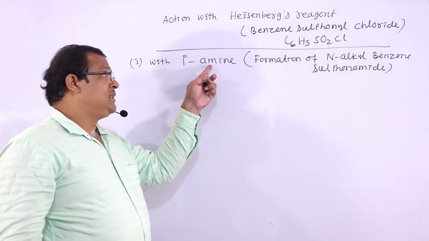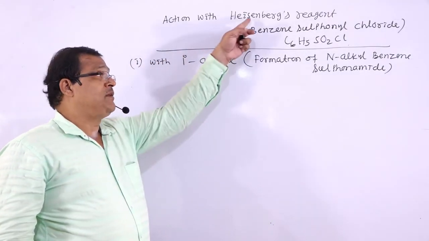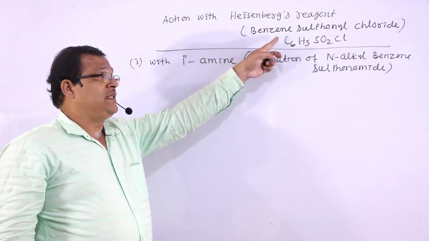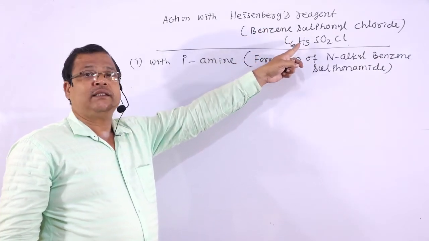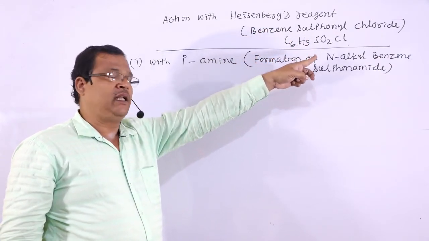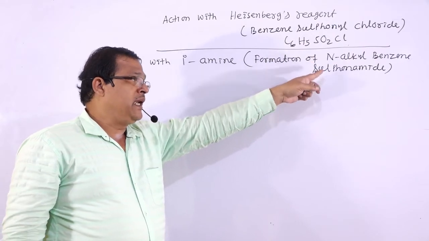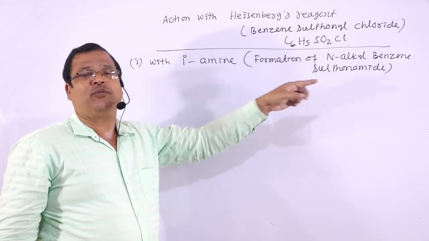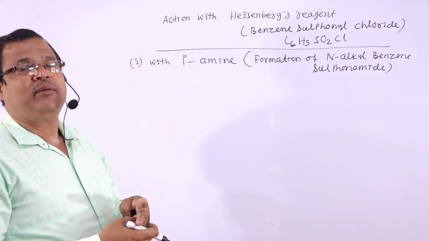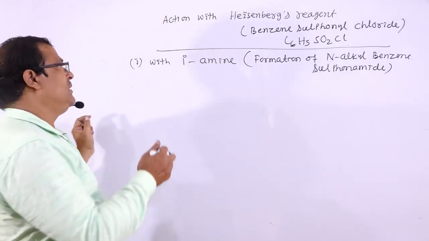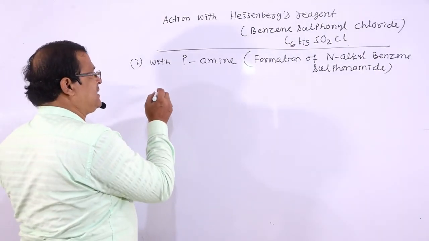Primary amines react with Hinsberg's reagent, benzene sulfonyl chloride, C6H5SO2Cl, to form N-alkyl benzene sulfonamide. So how does that reaction take place?